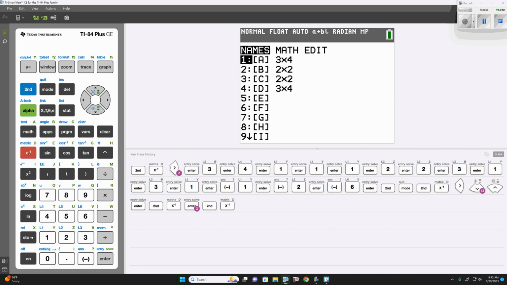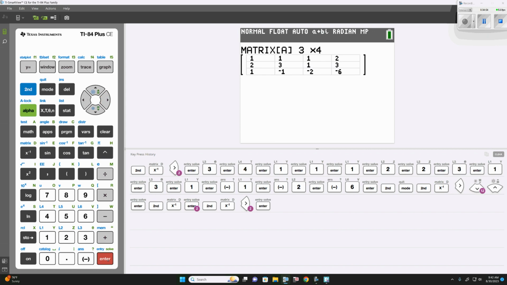Yes. So to input it, I'm going to go second matrix, go over to edit, and I'm just going to edit matrix A. We don't have to have them as separate ones since we're replacing the equation. Enter. It is still a 3 by 4.